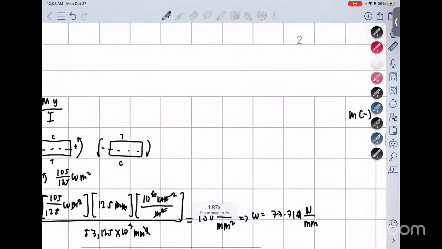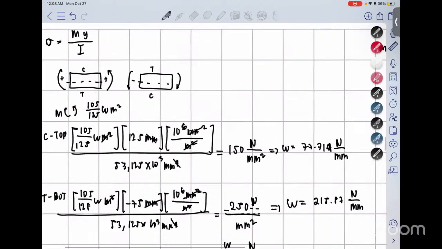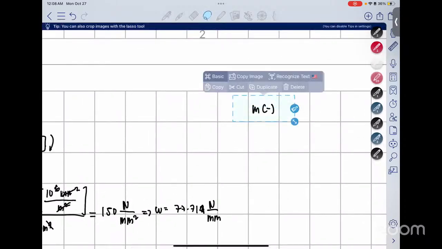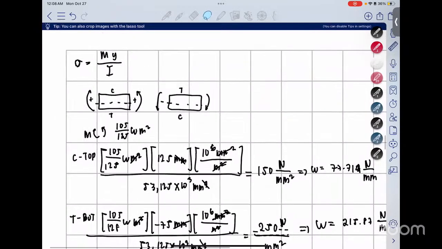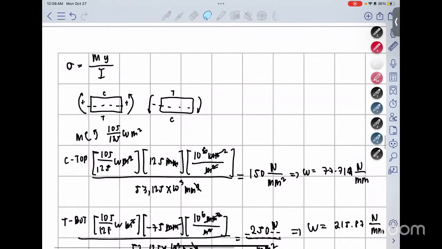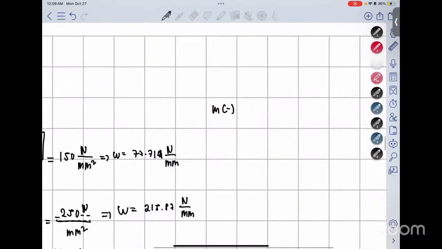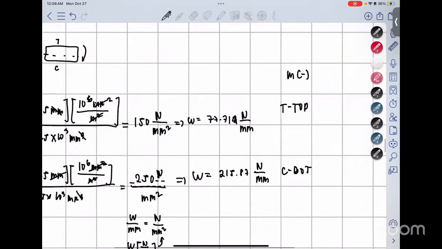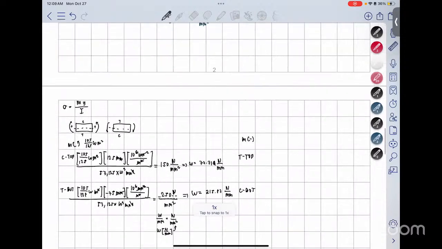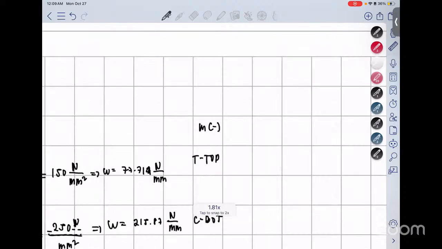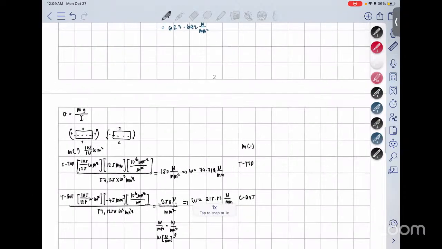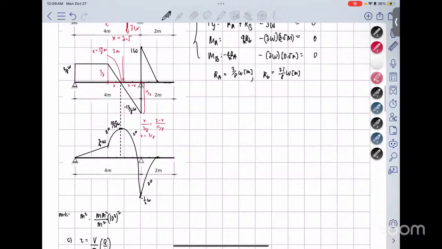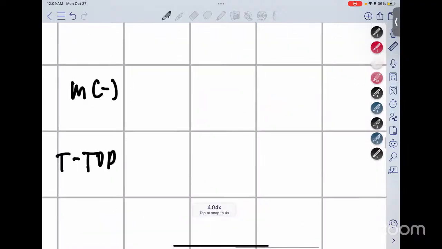What happens here is essentially you have tension at the top and compression at the bottom. What that means is that we take the most negative of the two, so that's negative 1 over 2 omega.